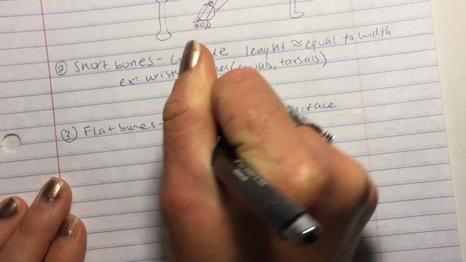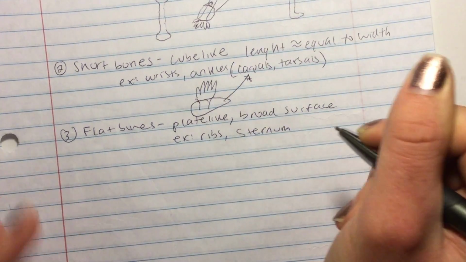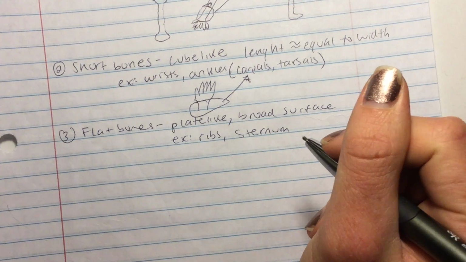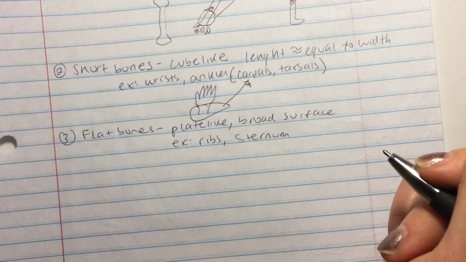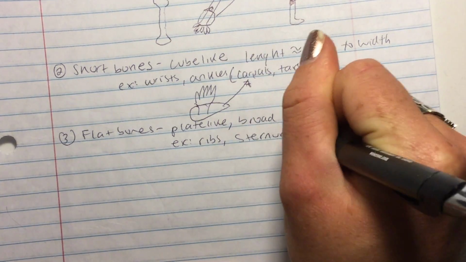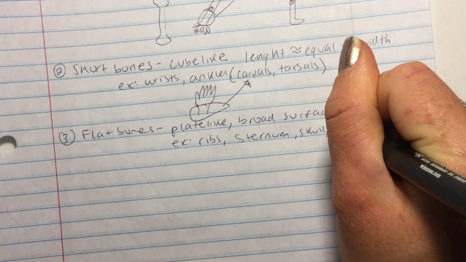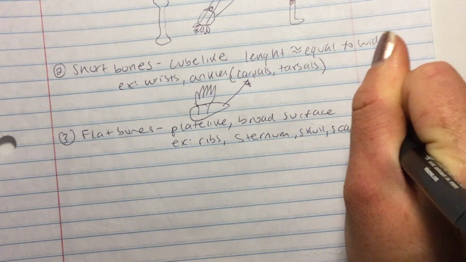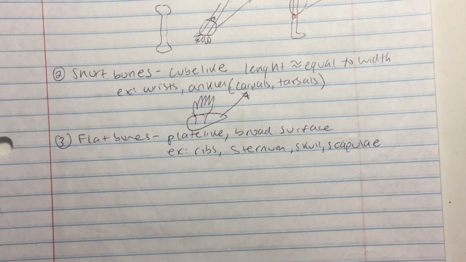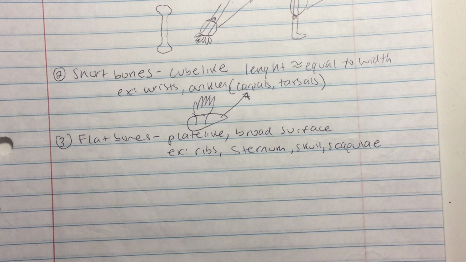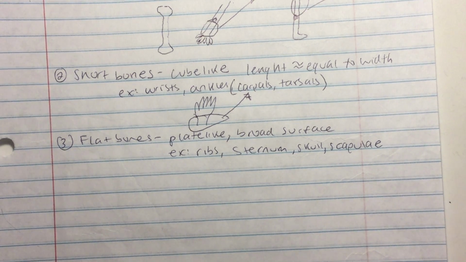And some examples would be the ribs, the sternum, which is the bone that goes kind of right between the ribs, right in the center of either side of your ribs, the left and the right ribs, the skull, and the scapulae. Or singular will be scapula, which is if you raise your hand and you put the other hand on the back of your shoulder, you'll feel the scapula kind of popping out, these triangular bones.